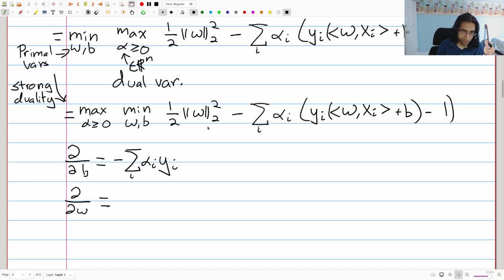First off, this term just becomes a w, and in this term you're multiplying w by xi, yi, and alpha i. So if you do it out, it becomes something very simple: the summation over i of alpha i yi xi. Recall that alpha i and yi are scalars, but xi is a vector, so we're summing up a bunch of vectors. The dimensions check out.